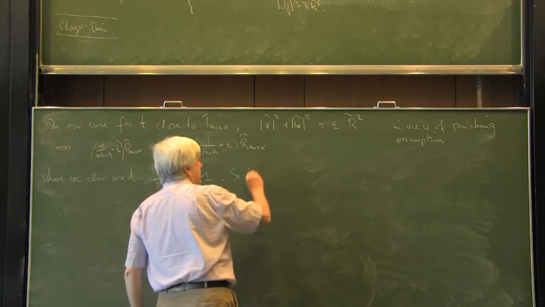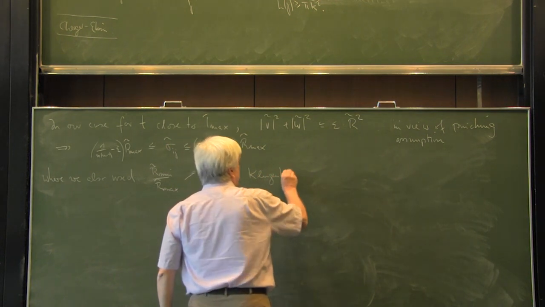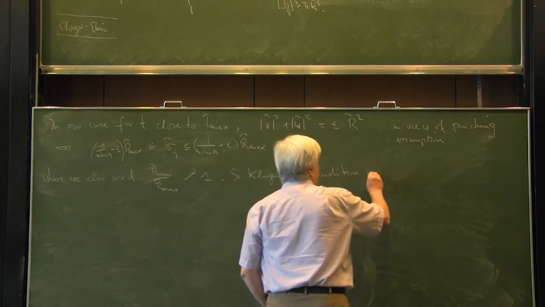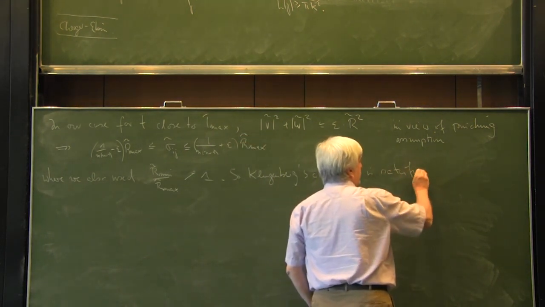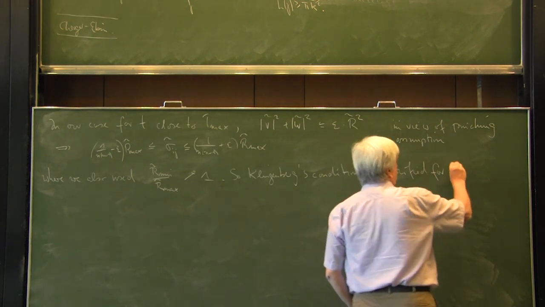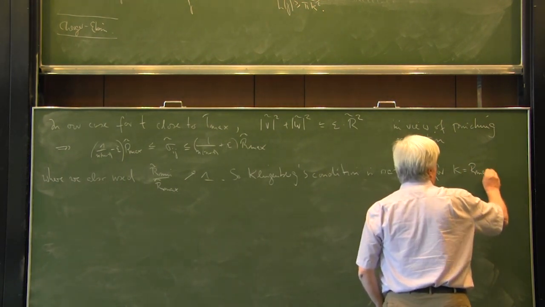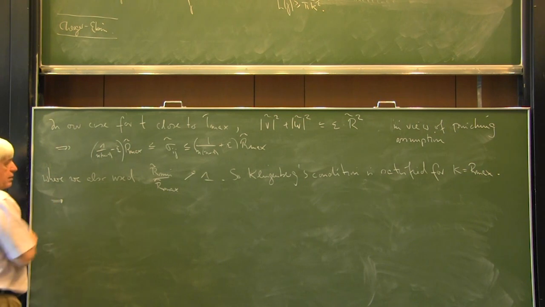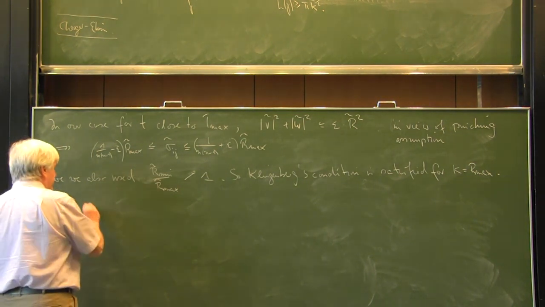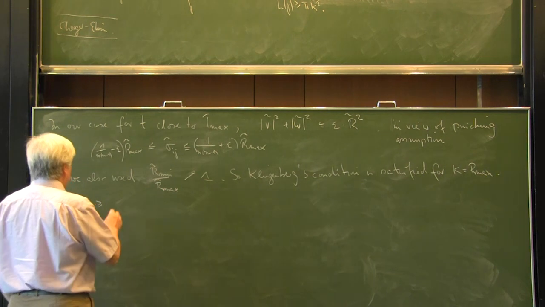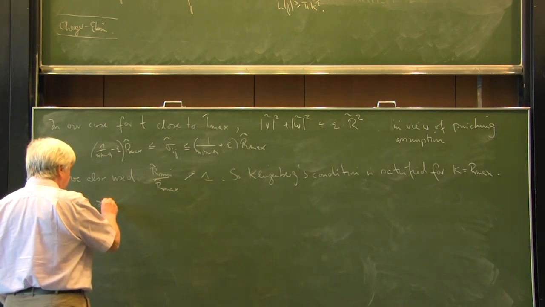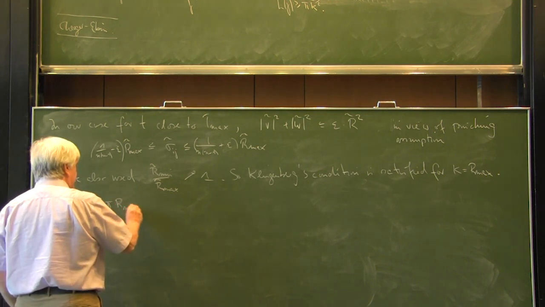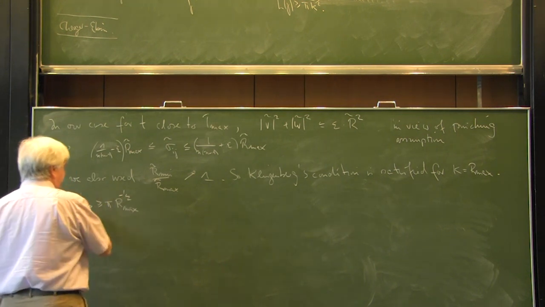So the Klingenberg condition is satisfied for k. Okay. So this means that certainly our injectivity radius is bigger than pi times R max to the minus 1.